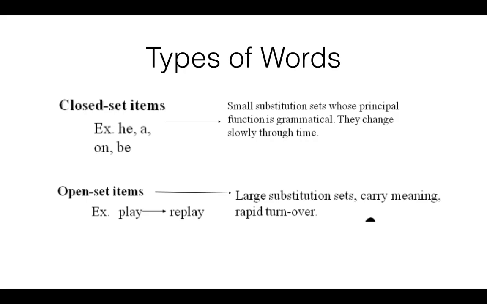This is the first characteristic of closed items. Another characteristic is that they change slowly over time. If you look at languages throughout time, closed set items change slowly, not very quickly. On the other side, open set items tend to change quickly over time. And also, they are open, infinite.